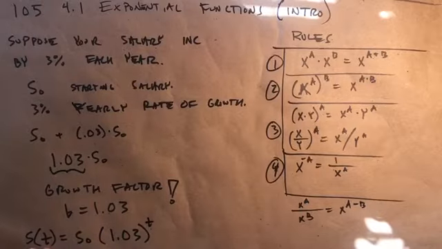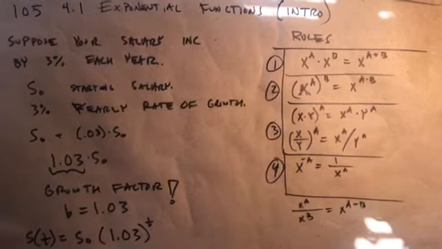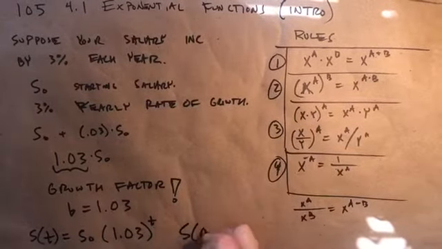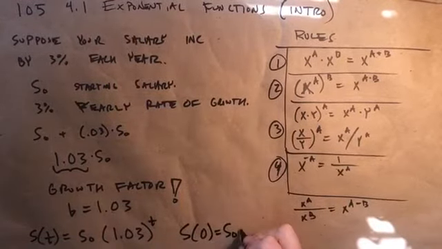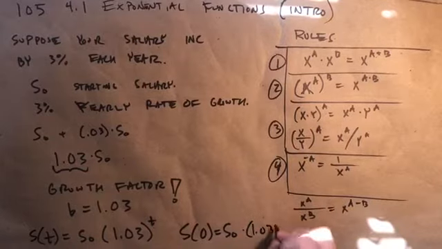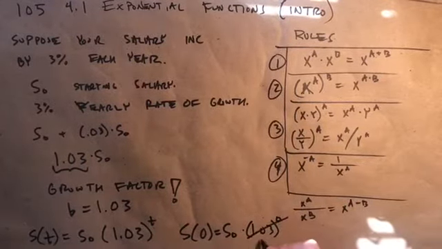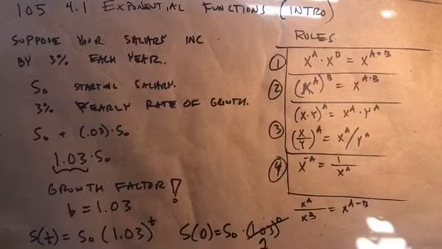So in year 0, we can see that we'll have S naught times 1.03 raised to the 0, and that's going to be equal to 1, and so we just get our initial salary back.